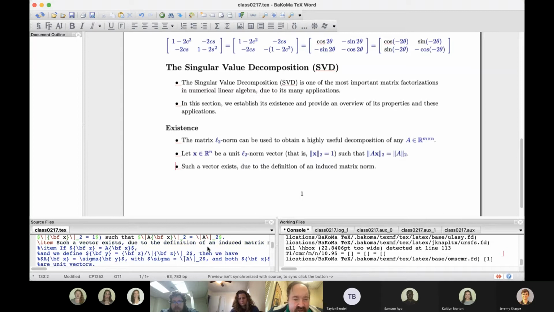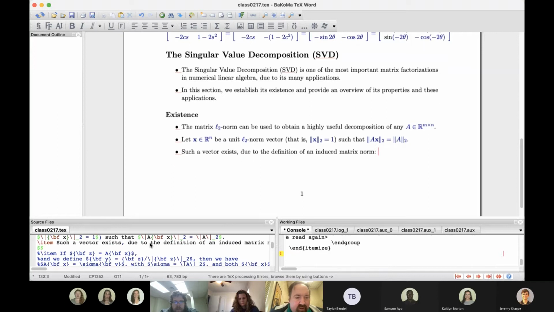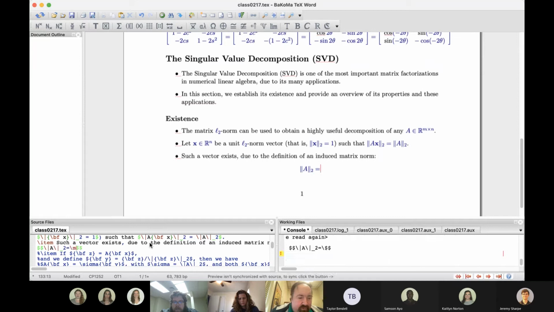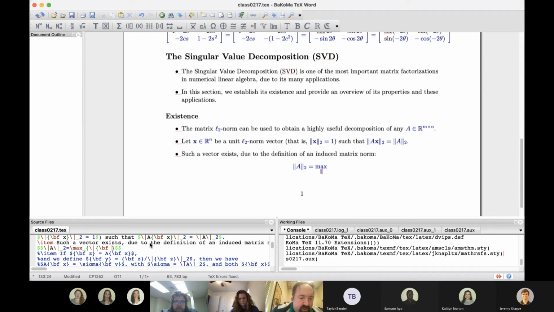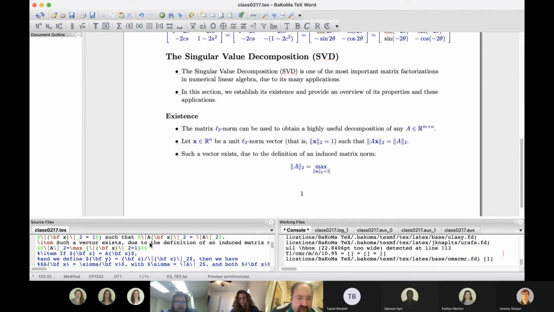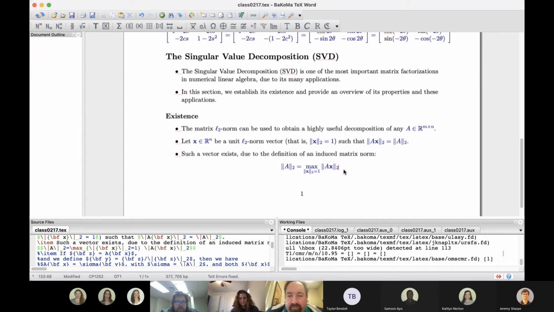It's because of the definition of an induced matrix norm, which I will recall here. The matrix 2 norm is defined to be the maximum over all unit vectors, again in the 2 norm sense, of the vector 2 norm of A times x. So there's some vector x that we can fill in here at which this maximum is achieved. And that's what we would get for this x.